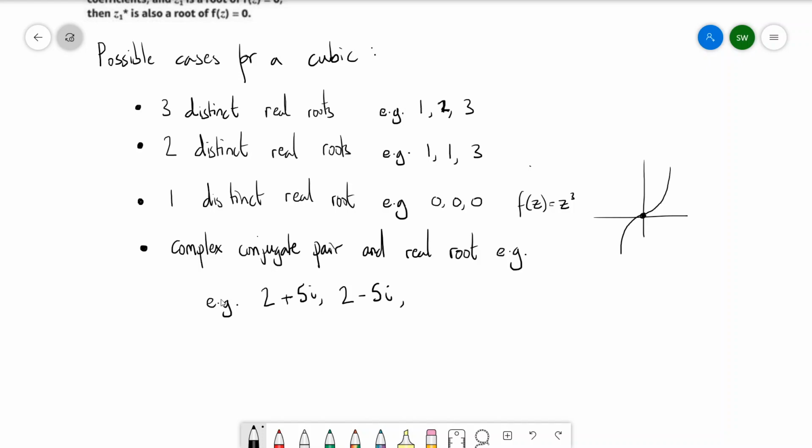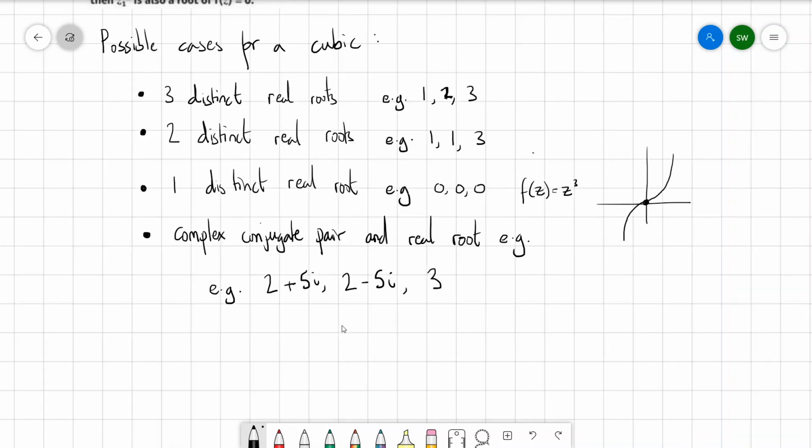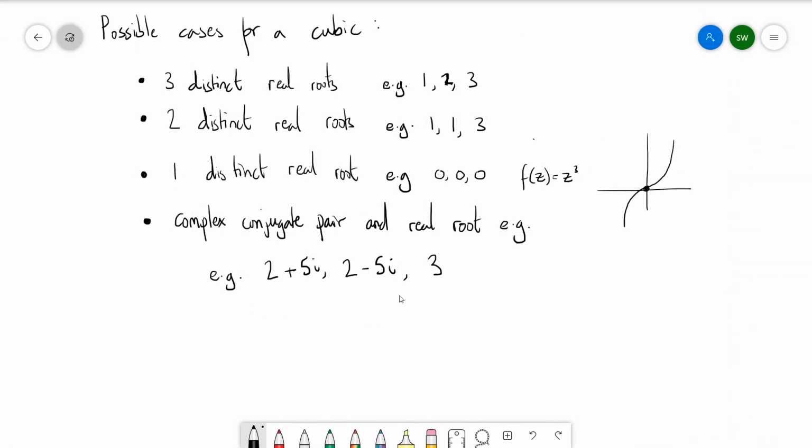Well, a cubic has to have 3 roots. We can't have a repeated complex root, so the other root must be a real number. So for example, you could have the other root as 3. So this is the only possible case: a complex conjugate pair and a real root.